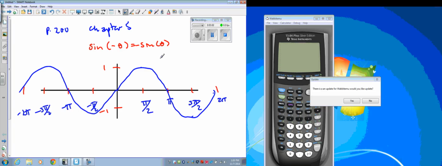So if you kind of forget what it is, think about the sine curve, and then the cosine wave, it's going to go like this. So when you take the cosine of a negative angle, if you go this way and you go this way the same distance, they're going to be equal, right?